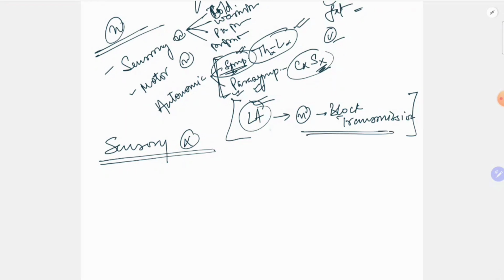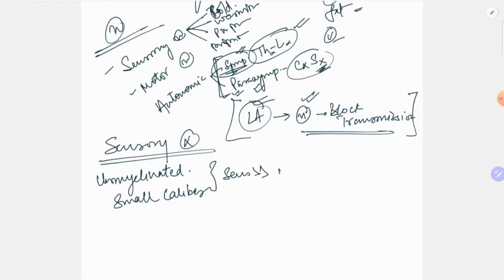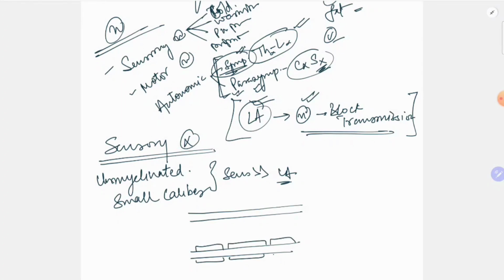So the characteristics of these nerves really matter on how they behave with the local anesthetic. Any nerve which is unmyelinated or is small in caliber is more sensitive to local anesthetic. Obviously, because if this is an unmyelinated nerve and this one is the myelinated nerve, with the unmyelinated nerve, the local anesthetic agent can act on so many areas.